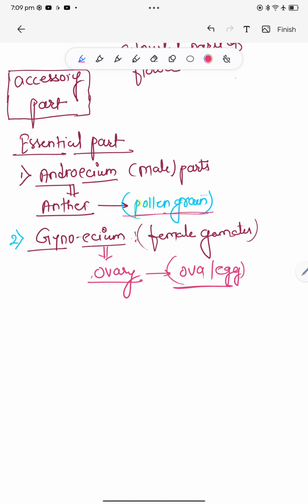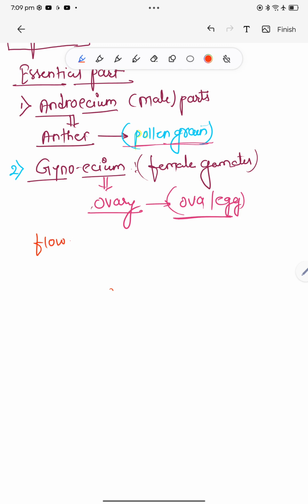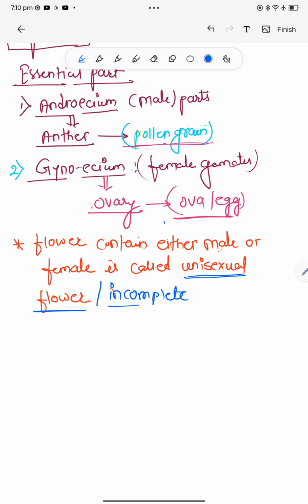Now the flower which contains either male or female parts is called a unisexual flower. A unisexual flower is also called an incomplete flower.